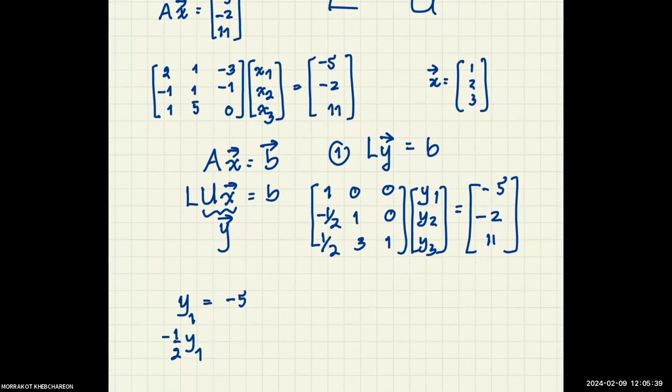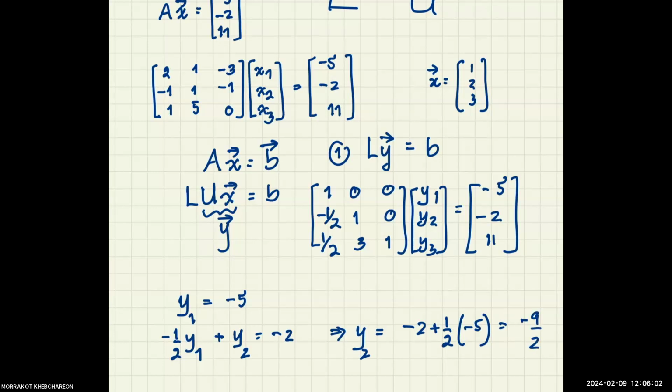So we have 5/2 plus y2 equal to -2. So you find y2 is -2 minus 5/2. What is it? -9/2, right?